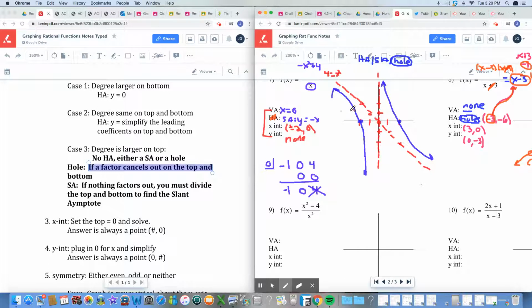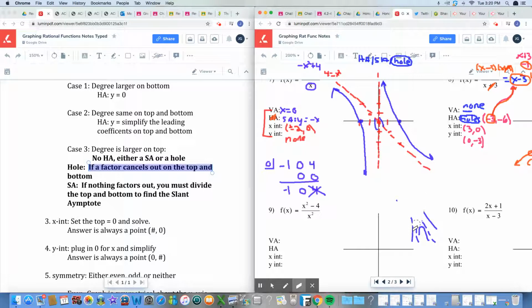Do you guys remember vertical angles from geometry? Like this angle and this angle? When you have a slant asymptote, if you have one curve over here, the other one is always over here. If my curve was here, guess where the other one's going to be? Right there. If the curve is here, the other curve is going to be there. Always works out.